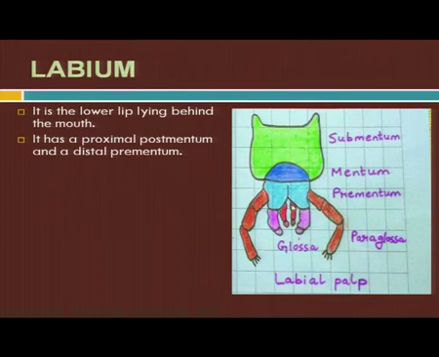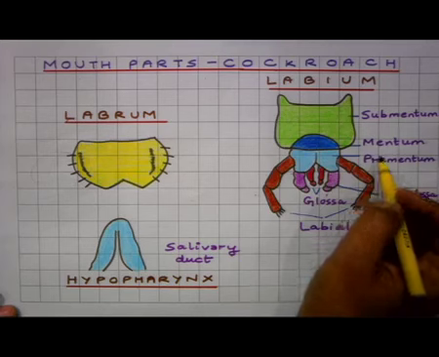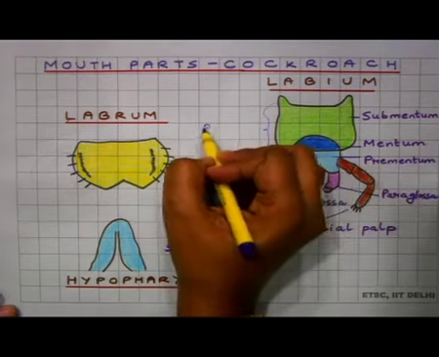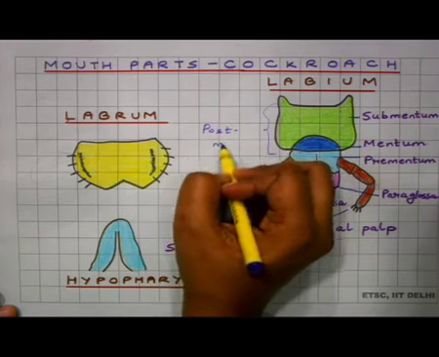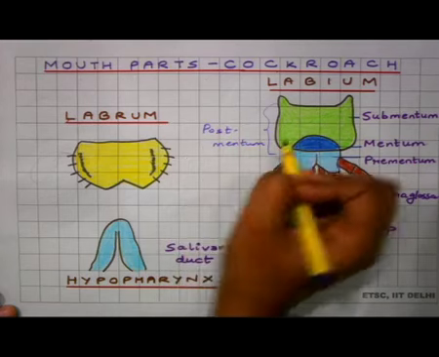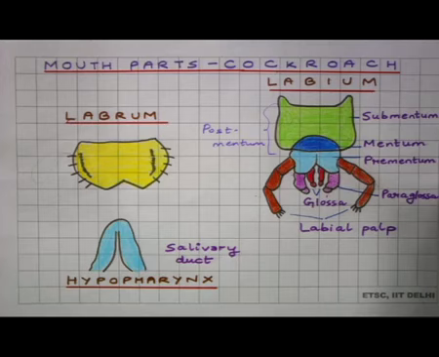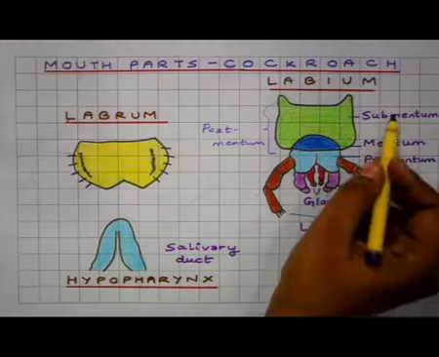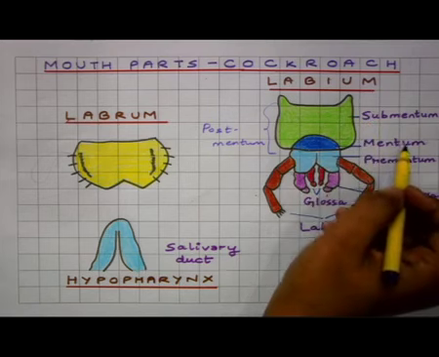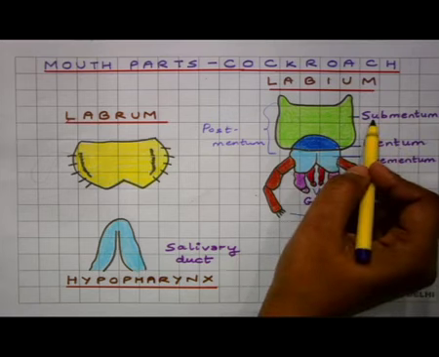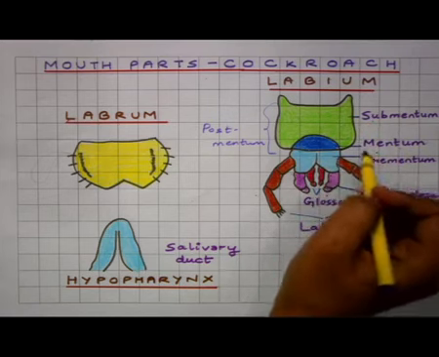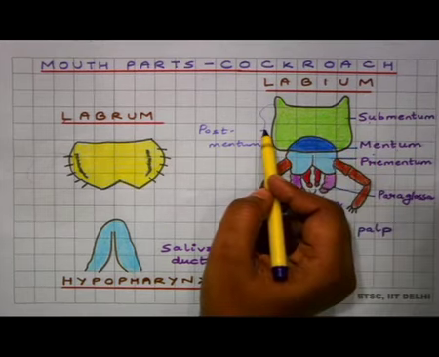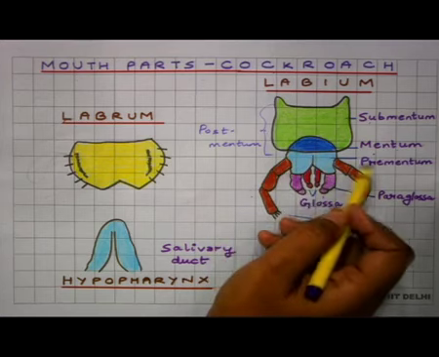This is the prementum region, and this entire region is known as the postmentum. The postmentum is again divided into two regions, as you can see clearly in this diagram, a larger submentum and a smaller mentum. So, the labium can be divided into two parts, postmentum which is distal and prementum which is proximal.